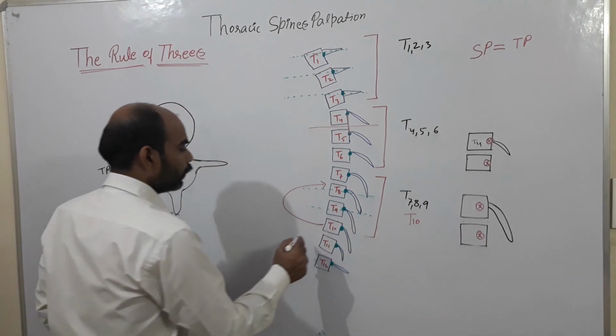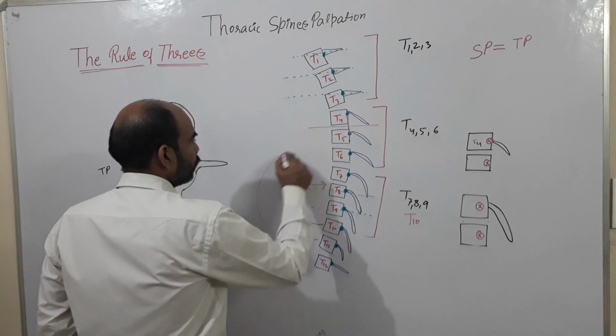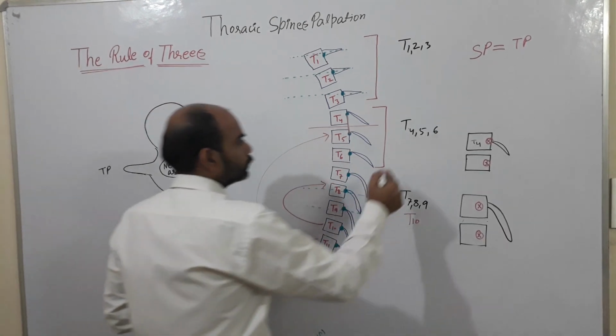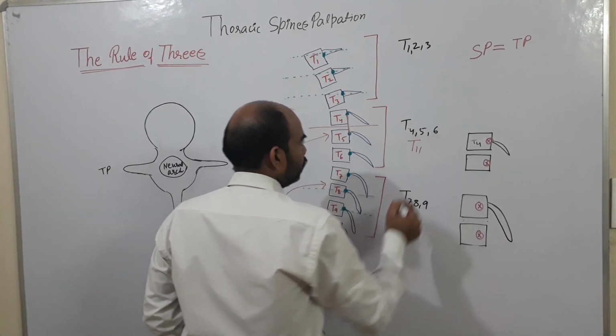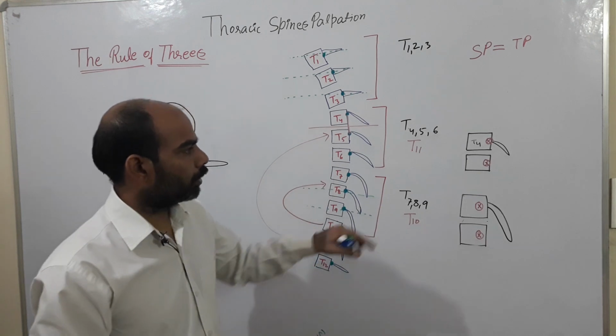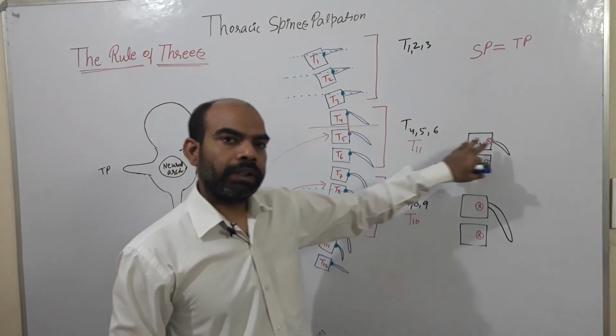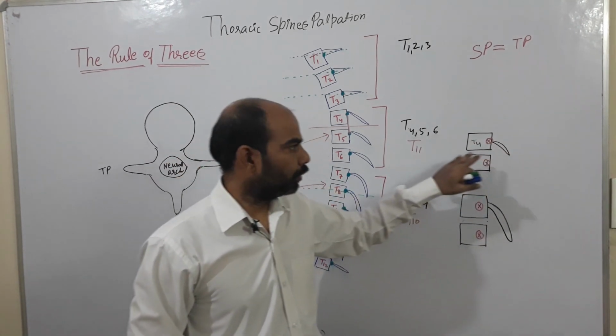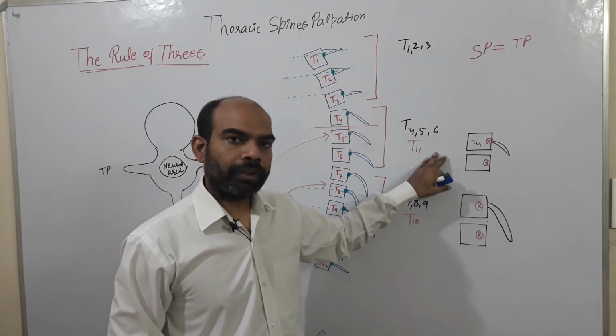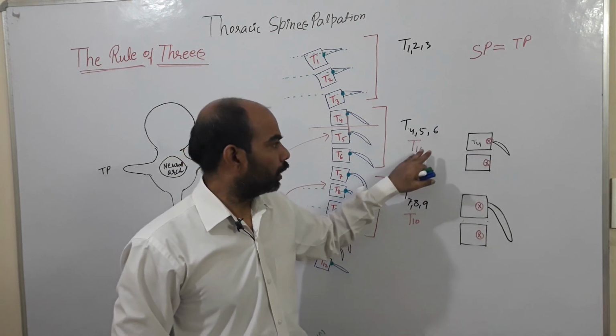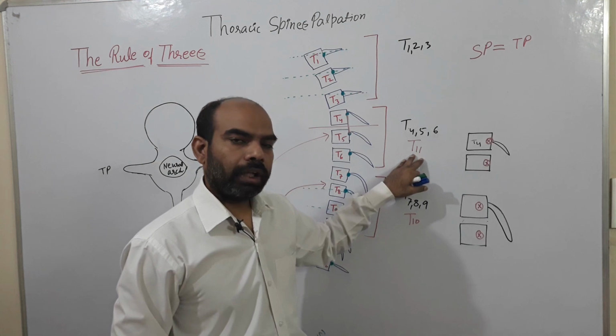And this T11 vertebra behaves like the middle group. Means the spinous process of the T11 vertebra moves down and reaches up to half the distance between T11 and T12.